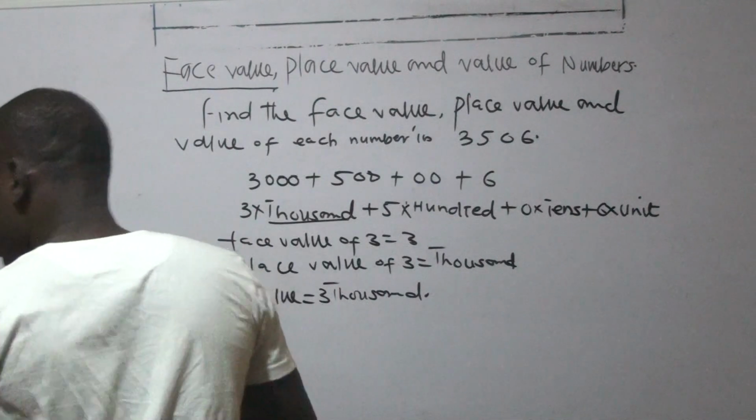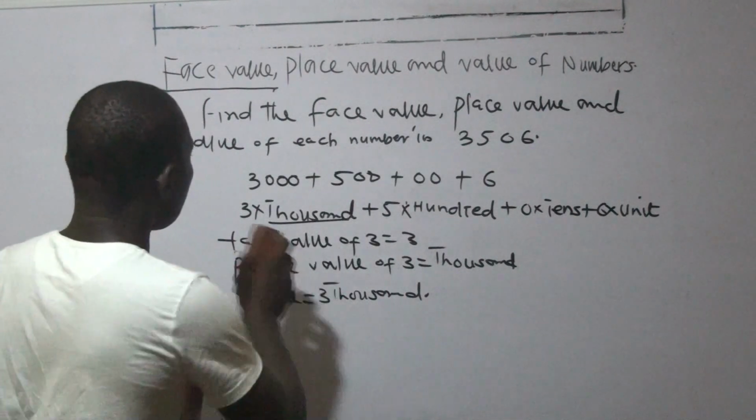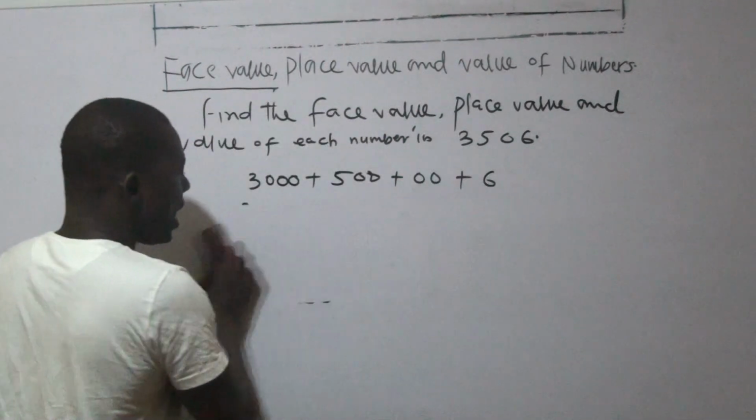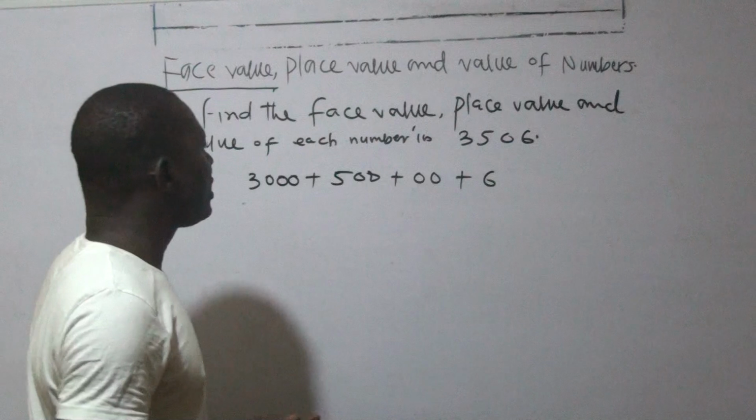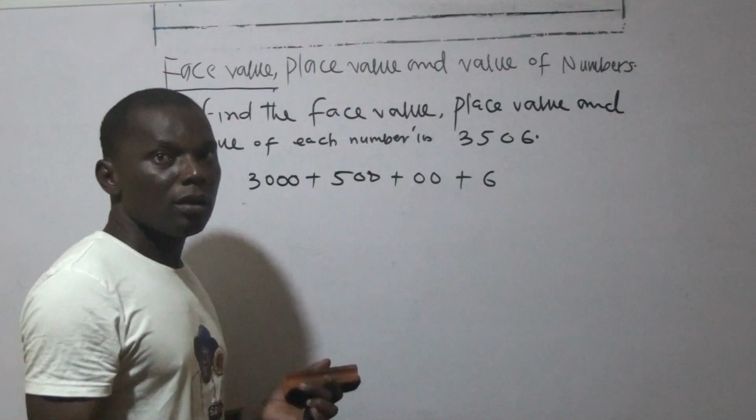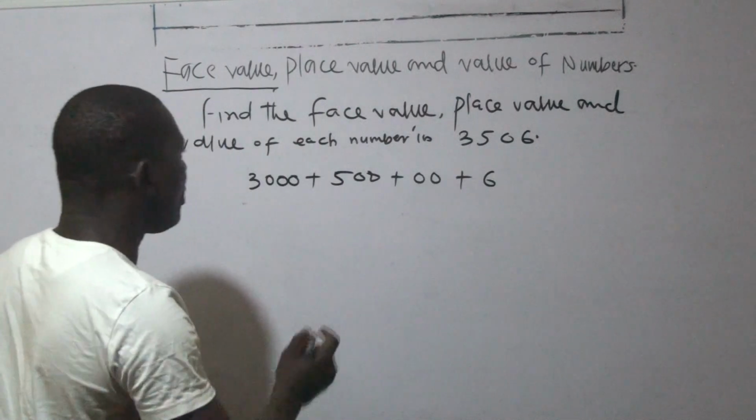Now let's look at 5. If we are asked what the face value of 5 is, it's just 5. Then what is the place value of 5?